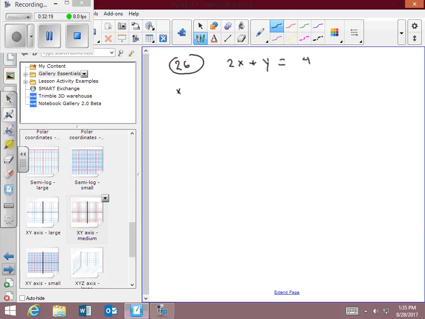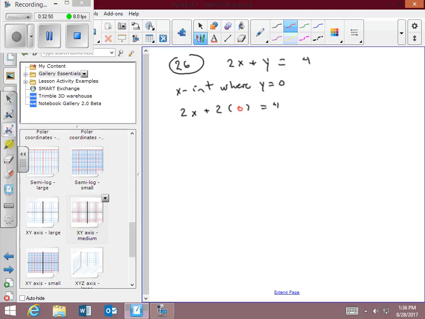The x-intercept, and I'm just going to abbreviate it that way, is where what? Okay, where y equals 0. Now what I can do is I can simply take my equation and for y substitute what? Y is 0.